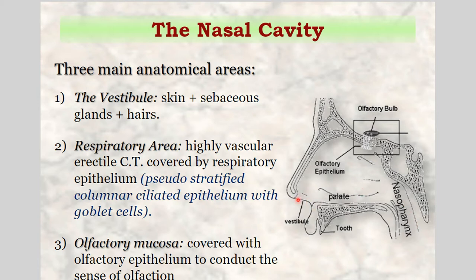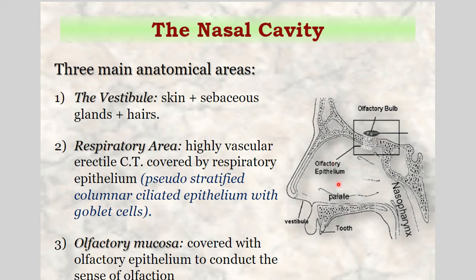So this is the vestibule, which has skin, sebaceous glands and hairs, which are also known as vibrissae. Then we have the respiratory area, which is highly vascular and covered by the respiratory epithelium, that is also known as pseudostratified columnar ciliated epithelium with goblet cells. So in the vestibule we have hairs, skin and sebaceous glands.